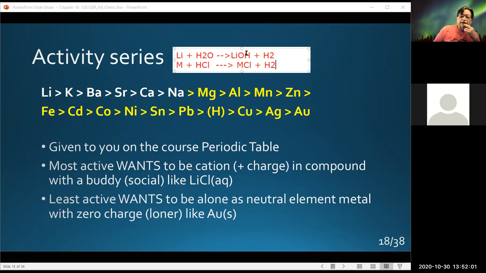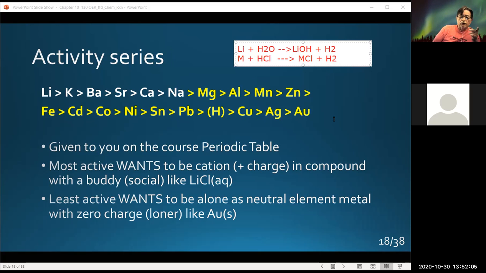All right, so that's generally the case. One way that they describe it is that the most reactive metal wants to be in ionic form. It needs to be in a compound with whatever anion it is. If it's not, then the reaction proceeds.